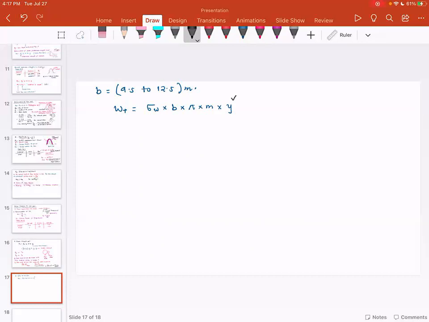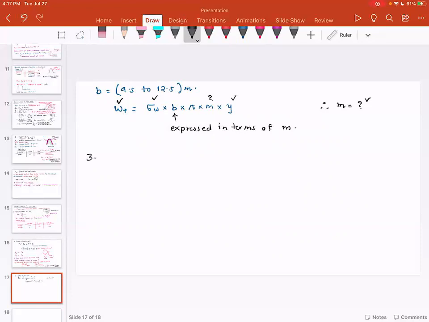Value of M is to be found out. Value of B will be expressed in terms of M. WT is known, sigma W is known. So the only unknown is M that can be found out. With that, module is known, so the fundamental dimension of the gear is known.